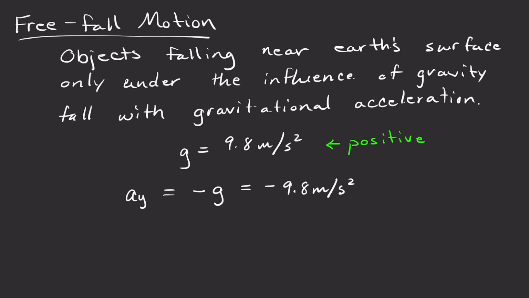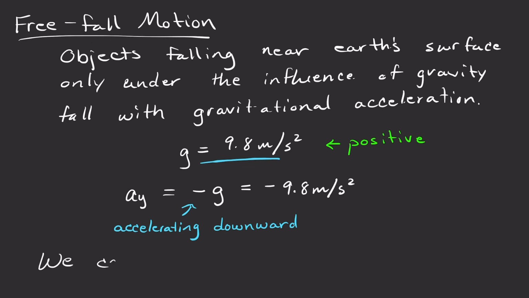So it's important to keep in mind that g itself is a positive value, but because we're accelerating downward, the acceleration is what is negative.